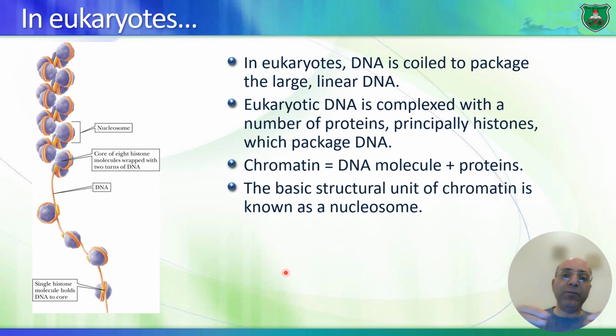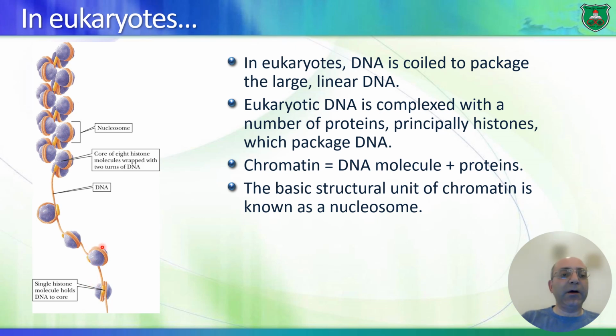And this 2-meter strand must fit into this really small, tiny nucleus. And this happens because the DNA molecule is wrapped around the histone molecules, the histone octamer that we talked about in biochemistry. So the DNA is wrapped around it, okay?